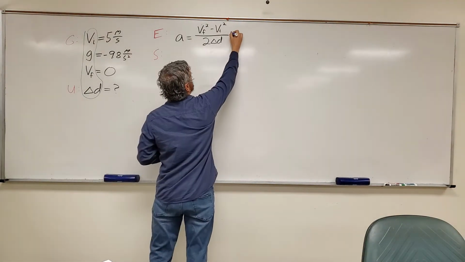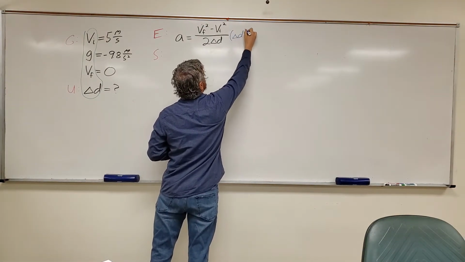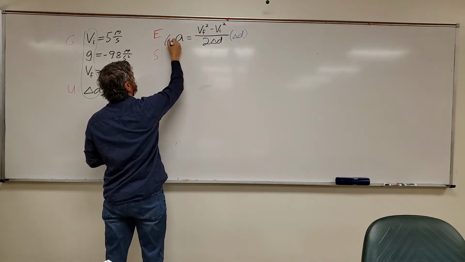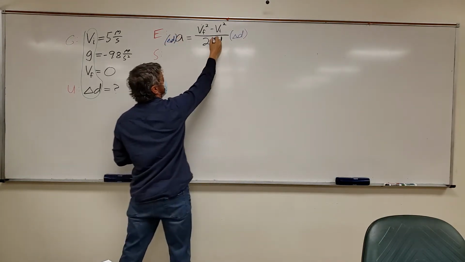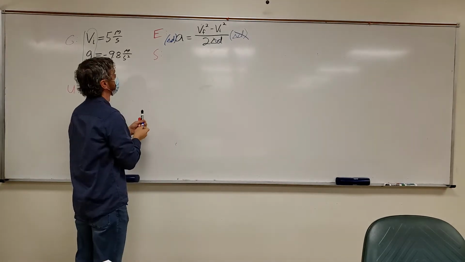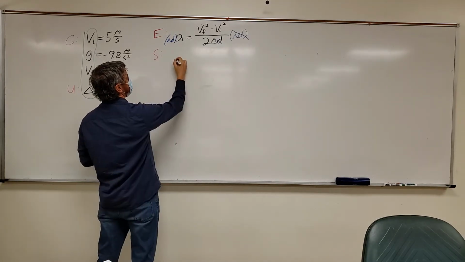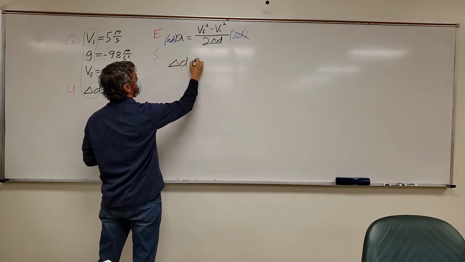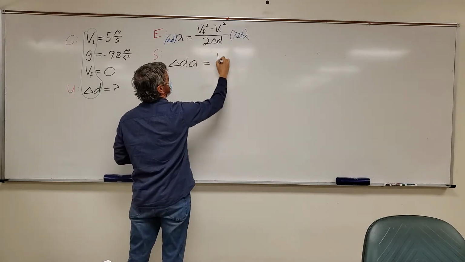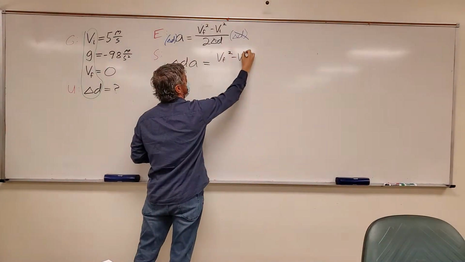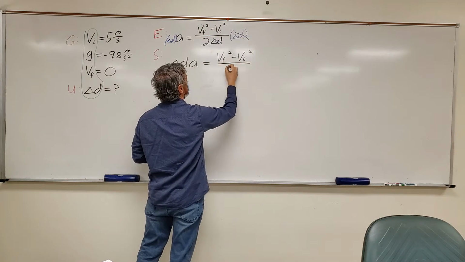But I'm going to multiply both sides by delta D in order to get it out of the denominator. In which case I get delta D times the acceleration equals the final velocity squared minus the initial velocity squared, divided by 2.